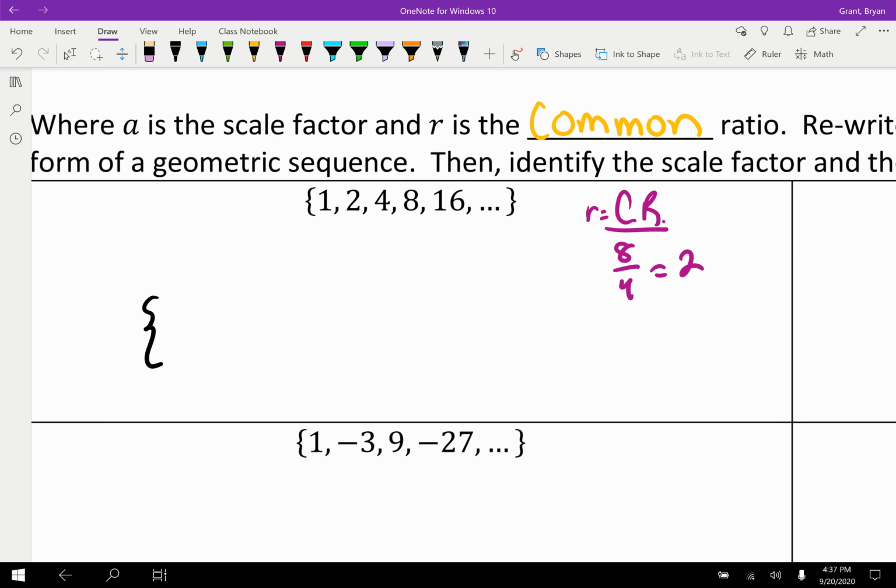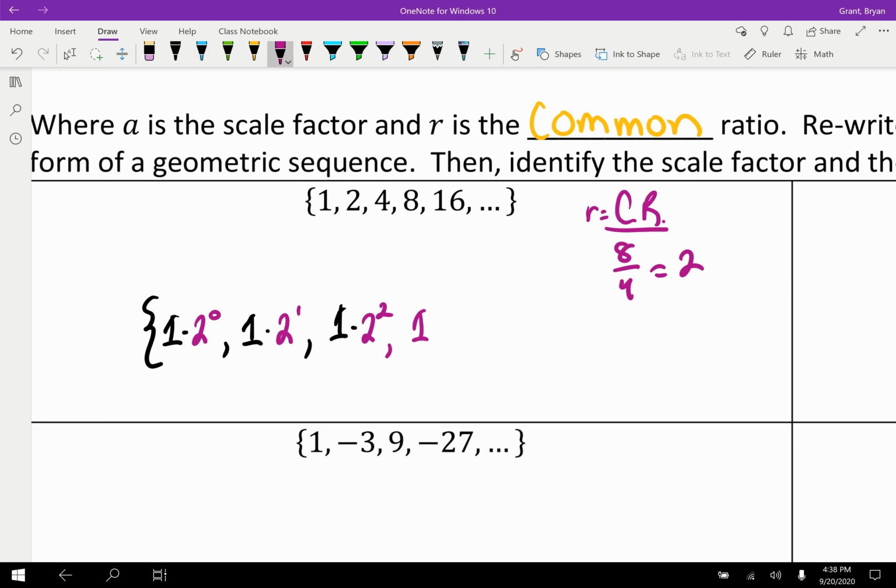So then a, one of the easiest ways to determine a, is just to use the first value here. Okay, so I think a is going to be 1, and then we're multiplying by the common ratio to the 0th power. Next up, a is still 1, but now we have the common ratio to the first power, and we can continue on through. We get the common ratio to the second power.